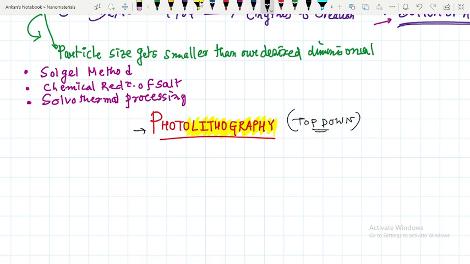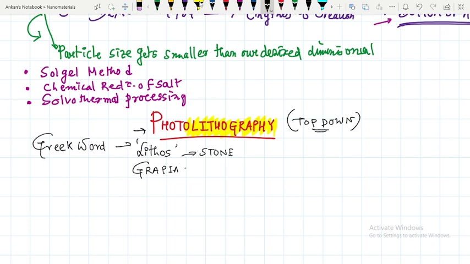This is from the Greek words lithos, meaning stone, and graphia, meaning to write. So by the combination of these two words, lithography is generated. So we can say that lithography is nothing but writing over stone.